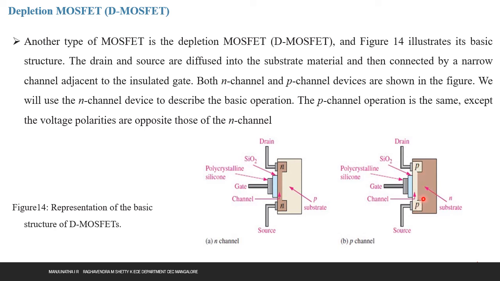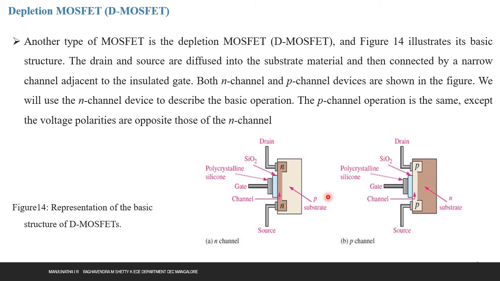Between the P regions a channel exists, with holes as positive carriers, and the two P regions are diffused in the N substrate. It is the same thing, but reversed. Again the channel already exists at the gate side, beside the silicon dioxide layer.